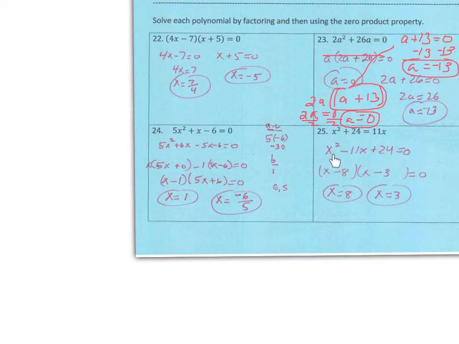So once I got that over to the other side, I subtracted an 11x. Remember when you do that, you want to write it in standard form. So now that I have subtracted the minus 11x, I'm going to try to factor. This one should be an easy one to factor, and then you come up with your zeros.